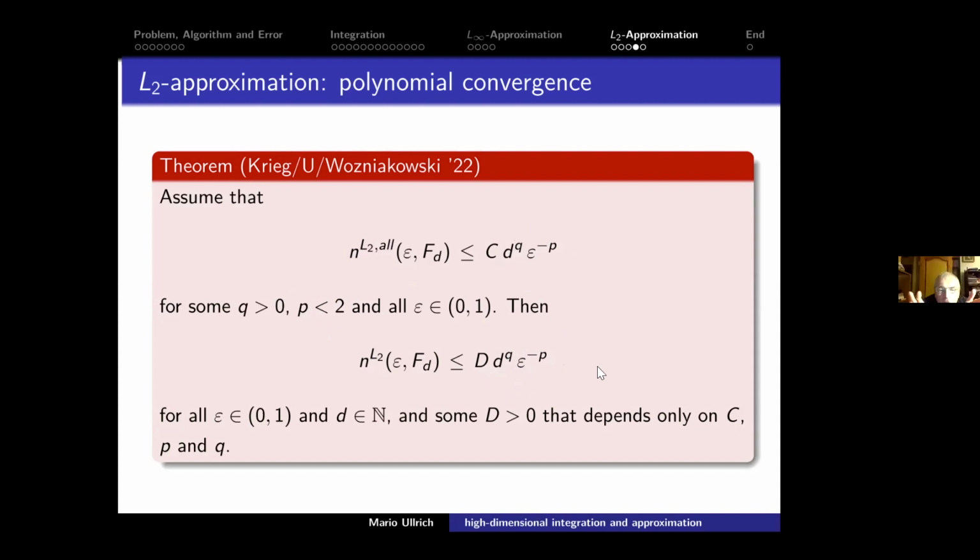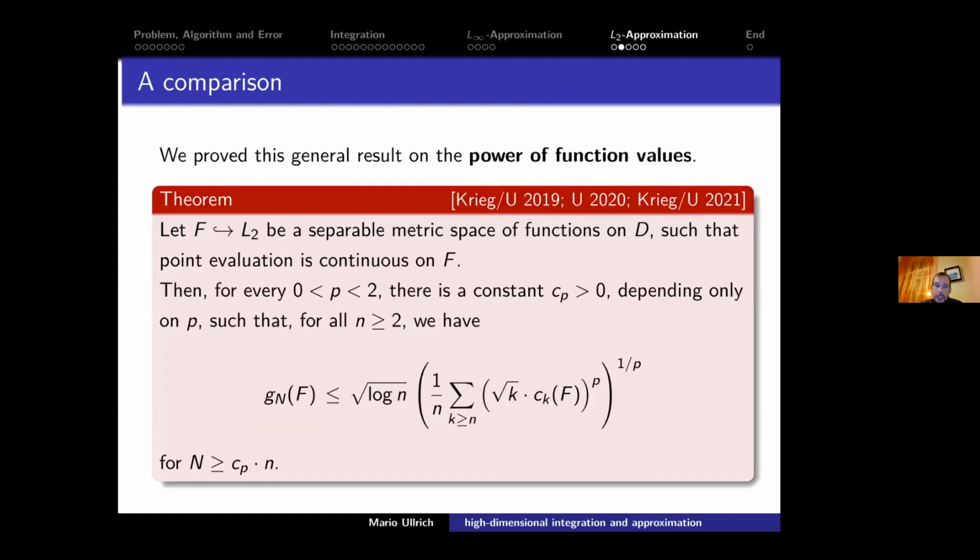Mario, how could it be that you need a sequence of function classes? I can take one specific D, and if I have this theorem, I just can take all other classes empty. So it should be a result for one specific D, the same kind of result. Yes, this is a result for every class F. Here you don't need a sequence, clearly.